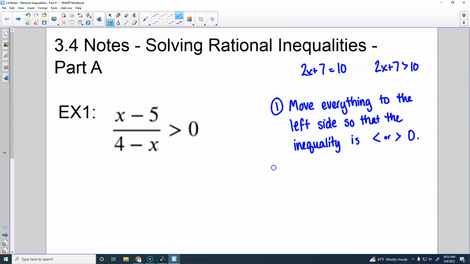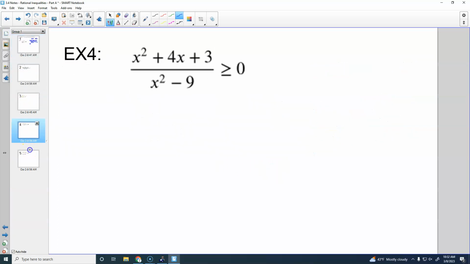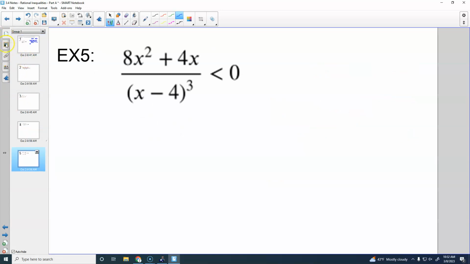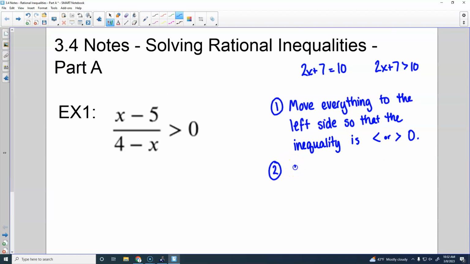The second thing that you are going to do, let me flip through, I don't think we are doing today either. Yeah, we're not doing this today either. So this is tomorrow, but I'm still going to put it up here because I want you to have the steps that work for every problem. So you will combine fractions if necessary.